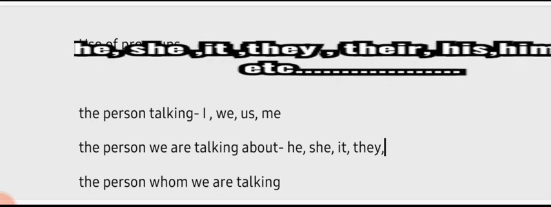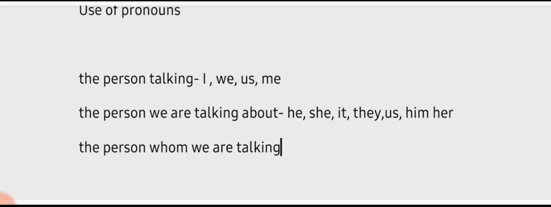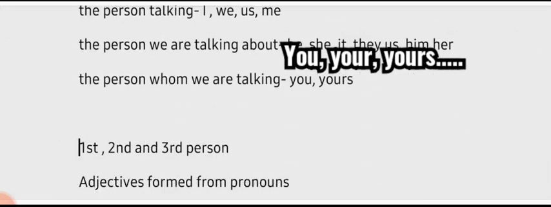In the same way, in order to show possession, we say his, him, her, etc. And when we are talking to some person, we always refer to him as you or yours in this way. So all these are the pronouns.